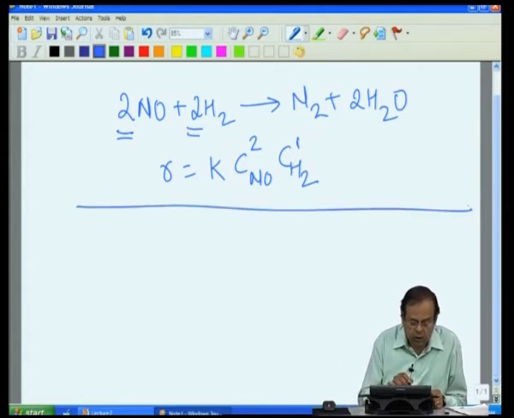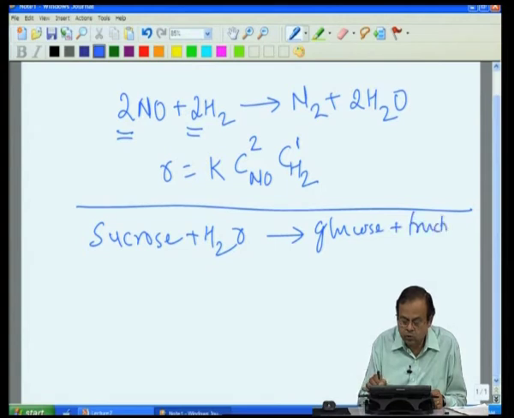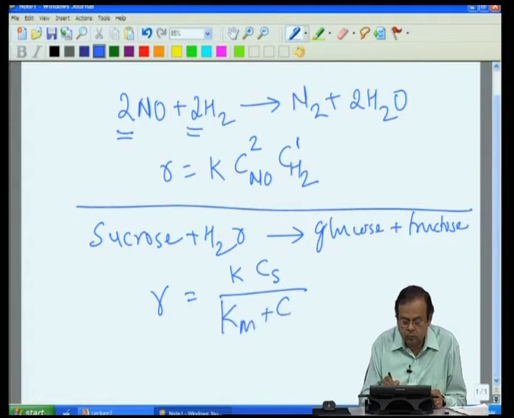Another example we can look at is sucrose when it undergoes hydrolysis to give glucose and fructose. The rate of this reaction is given by an expression which looks something like this.